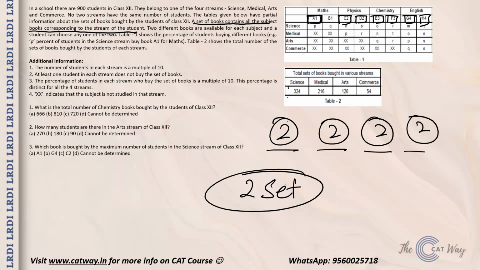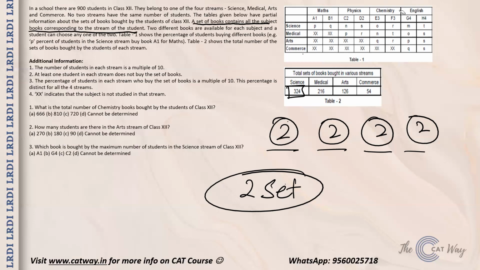Similarly, 324 sets have been bought. That means 324 books of maths, 324 of physics, 324 of chemistry and 324 books of English have been bought, right? Because one set contains one book of all types. Now after that, the bifurcation between A1 and B1 could be different.